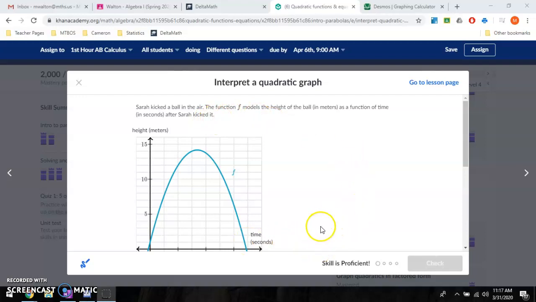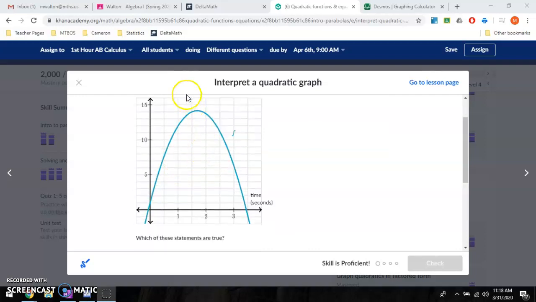Alright, so before I even look at the options, I'm just going to look at this graph to see what happens. At the very beginning, it looks like the ball was at a height of 1 meter. And then it looks like the ball went up, up, up, until about, let's take a look at what time this is. This is a little over 1.5 seconds.